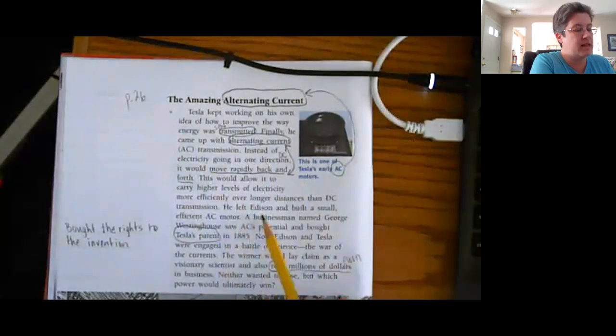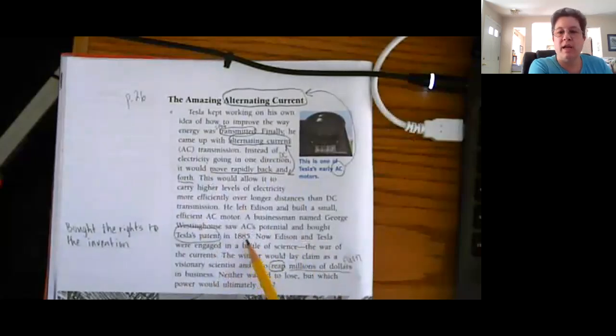He left Edison and built a small, efficient AC motor. A businessman named George Westinghouse saw AC's potential and bought Tesla's patent in 1885. Now, yesterday I explained that a patent is a paper with the government that says that you own the rights to your invention.